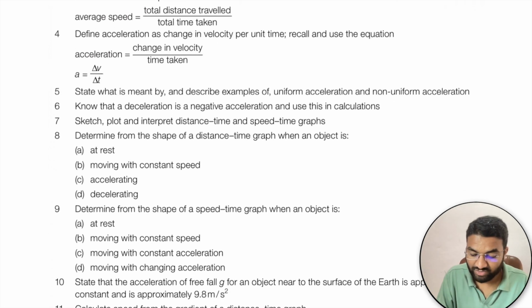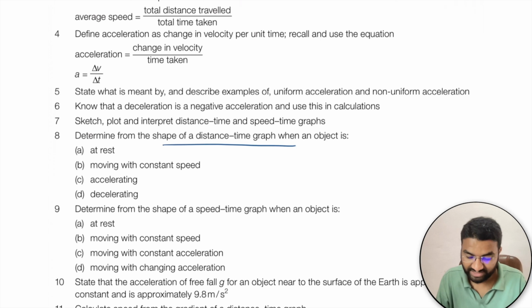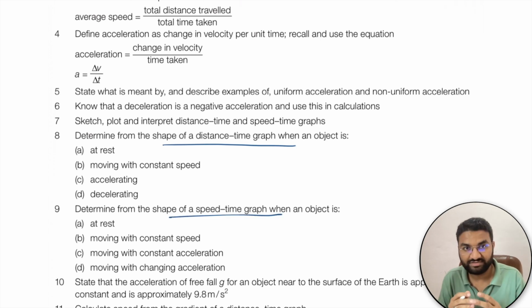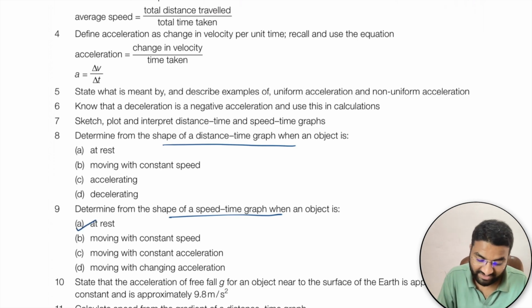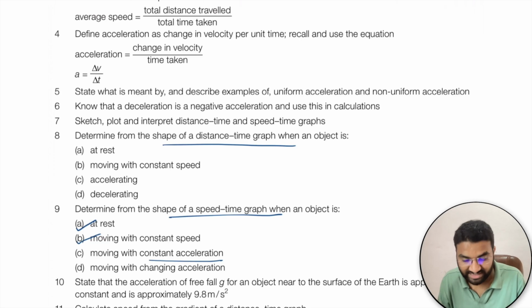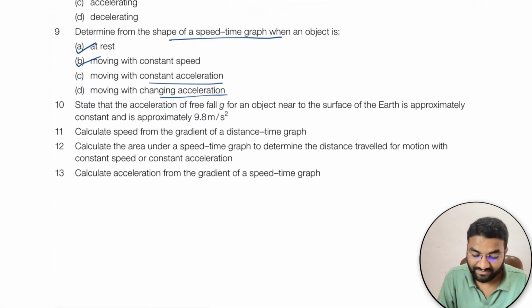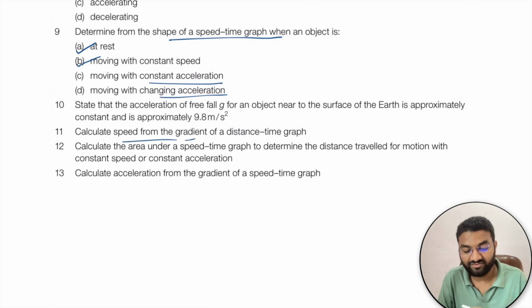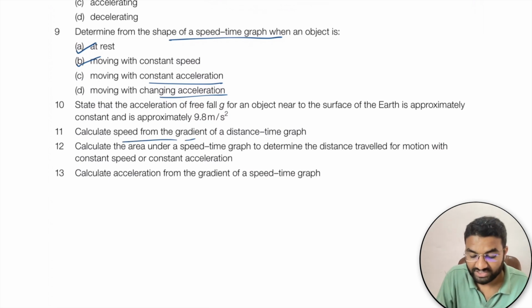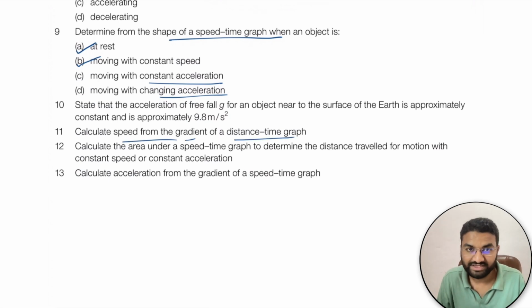Then you have the shape of the distance-time graph, then the shape of the speed-time graph, and you have to analyze when the object is at rest, when it is moving, and moving with constant acceleration and changing acceleration. All right, then the speed as the gradient of the distance-time graph, and calculating the acceleration is also part of motion.